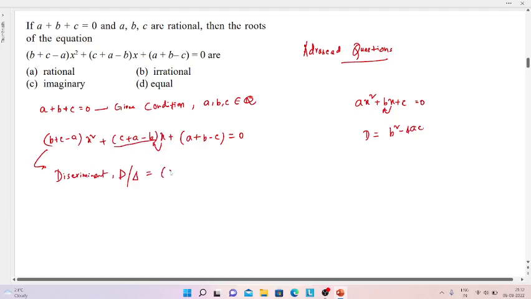So I can write this coefficient, c plus a minus b whole square, minus 4 times a times c, right? a is nothing but the coefficient of x square and c is nothing but the constant term. So here the coefficient of x square is b plus c minus a, and the constant term is a plus b minus c, so a plus b minus c.